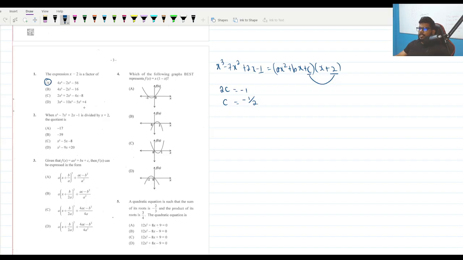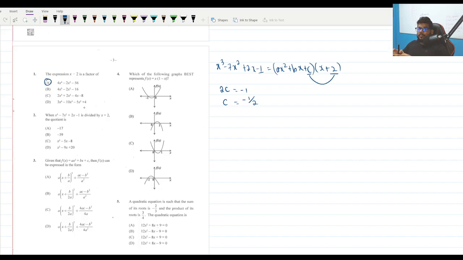But this causes a little dilemma now. Interesting. Very, very interesting. None of these answers are going to give me one of these quadratics. Now, if they asked for the remainder, then I will plug in x is equal to negative 2.